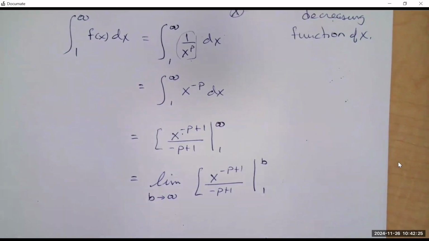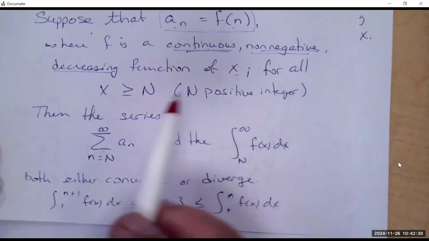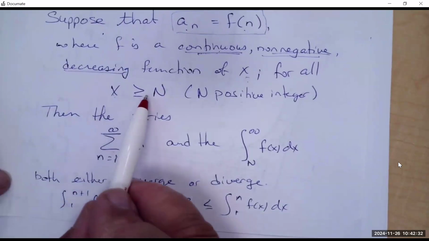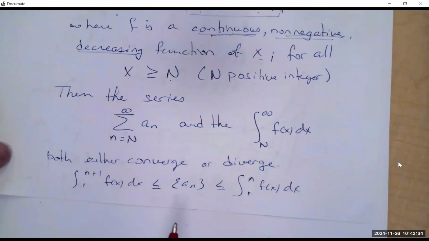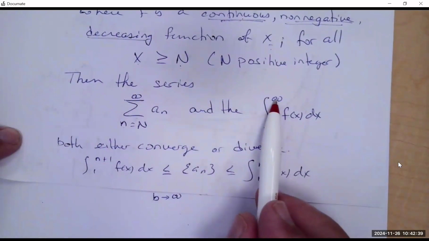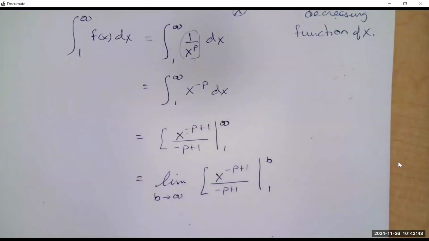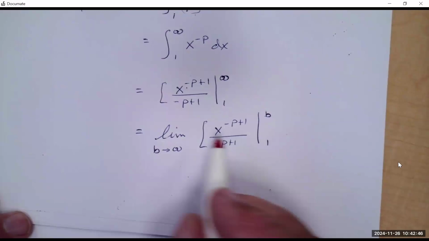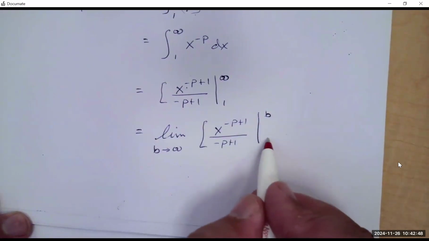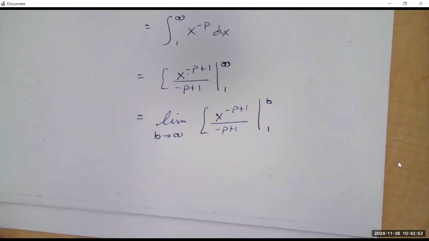Because remember, what is n or x? x is bigger than some value of n. So we're going from n equals n to infinity, so we're changing the bound. Instead of n, we're going from 1 to b. Why? Because b has to go to infinity. What does that do? It makes this value smaller.